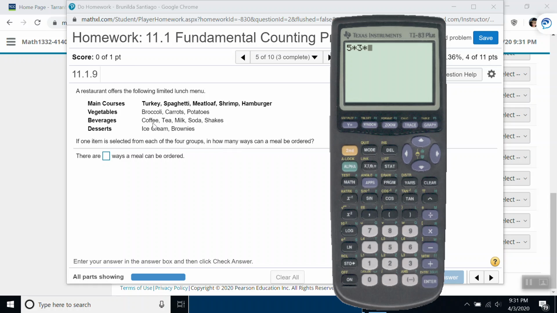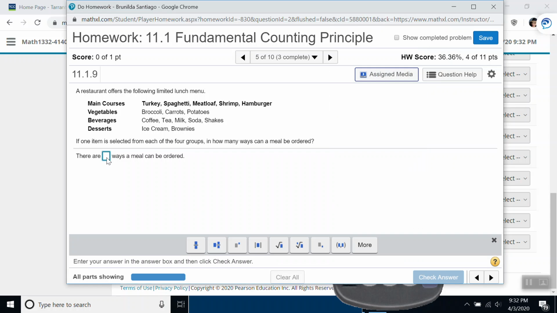For the beverages, coffee, 1, 2, 3, 4, 5, so times 5. And for dessert, you have ice creams or brownies, so times 2. So here the difference is that you have to count the choices. So that equals 150. There are 150 ways a meal can be ordered. 150.